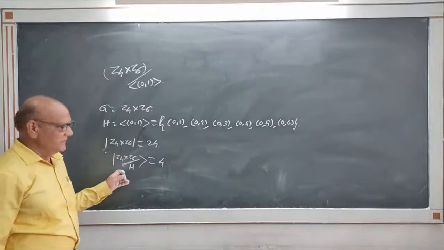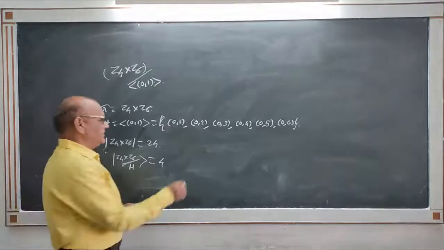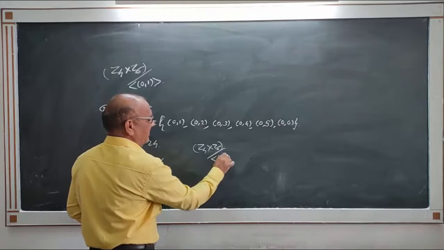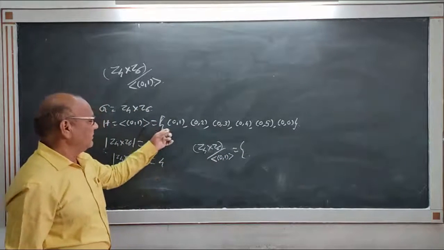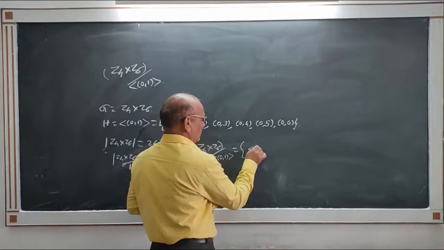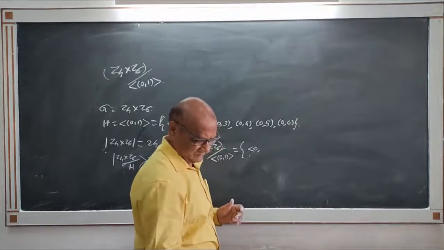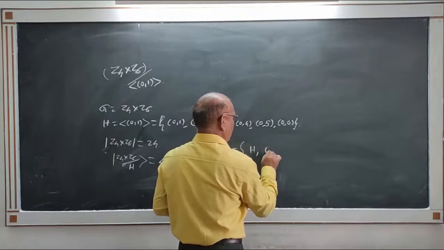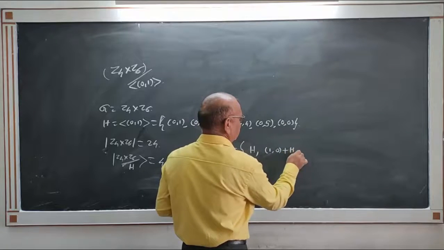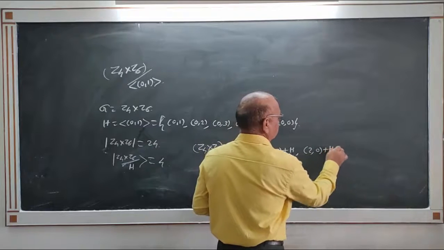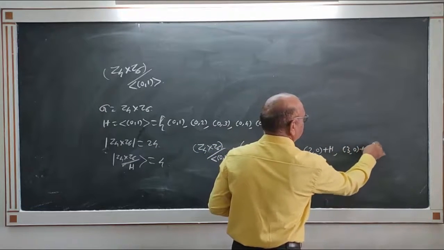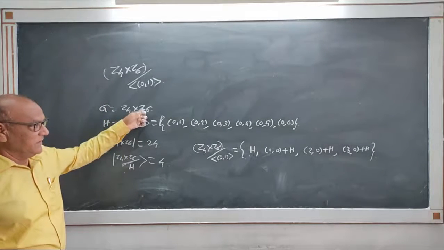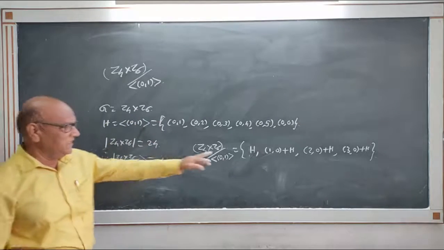Now the distinct cosets of Z4 cross Z6 by this H: the first coset is H itself, then (1, 0) plus H, then (2, 0) plus H, and the last (3, 0) plus H. That means we take elements from Z4 cross Z6 not in H, and these are like this.